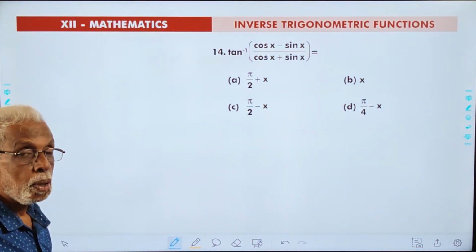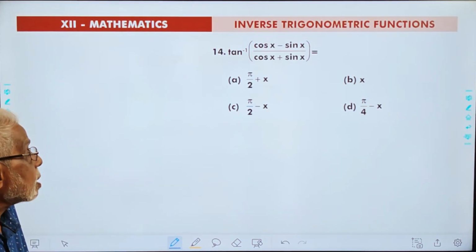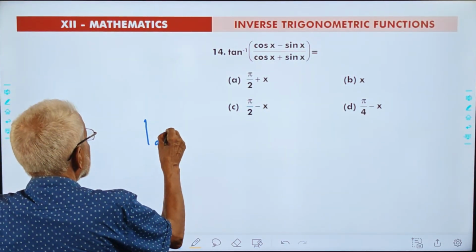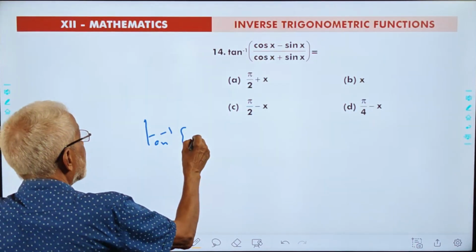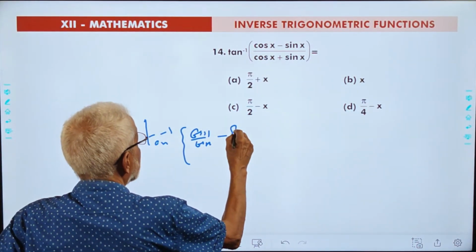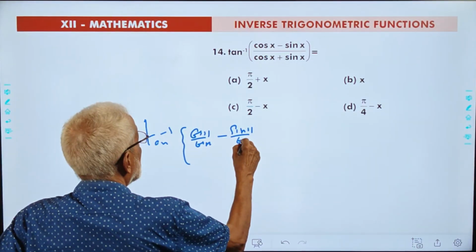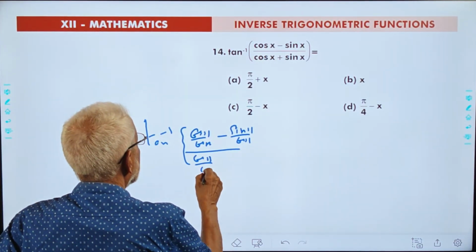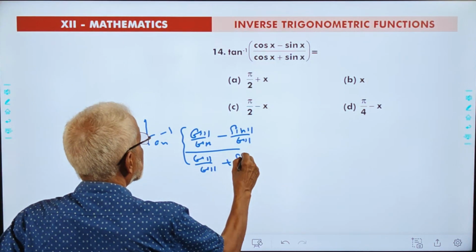Tan inverse of cos x minus sin x by cos x plus sin x. This is the same as tan inverse, dividing both numerator and denominator by cos x. We get cos x by cos x minus sin x by cos x, the whole divided by cos x by cos x plus sin x by cos x.